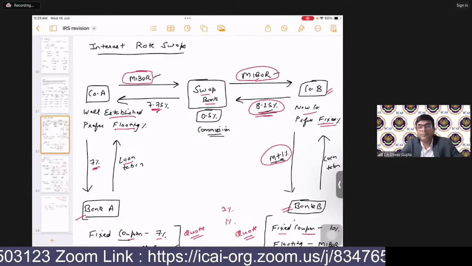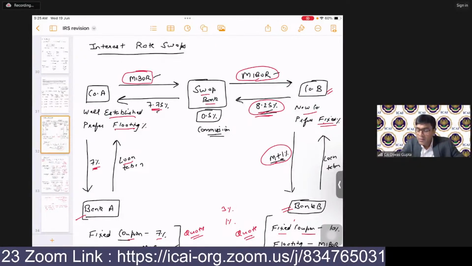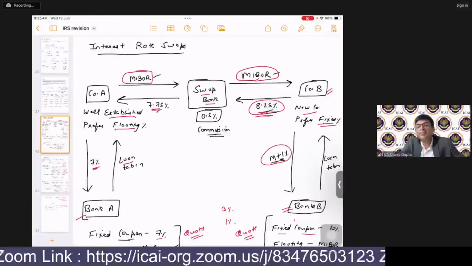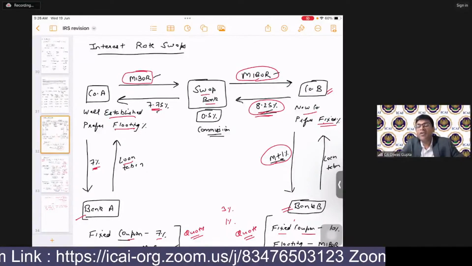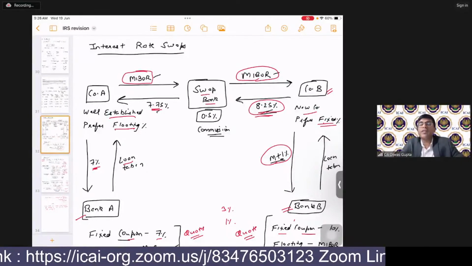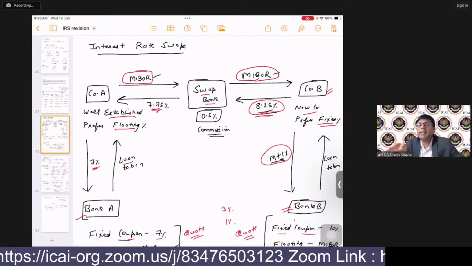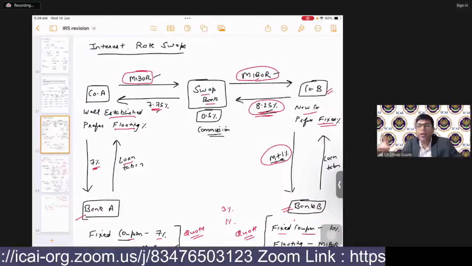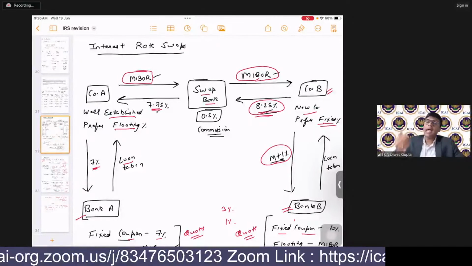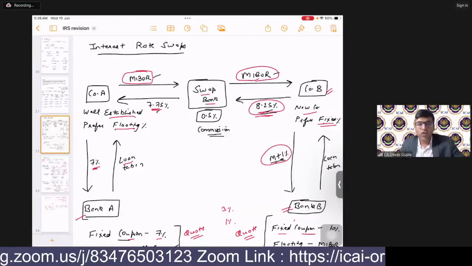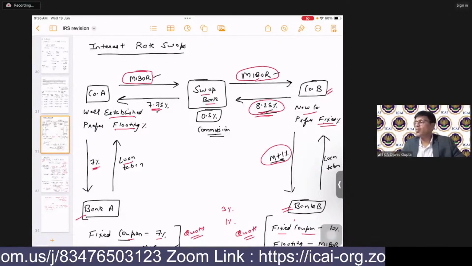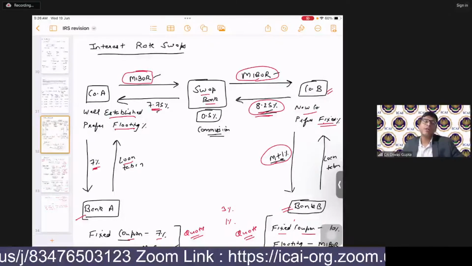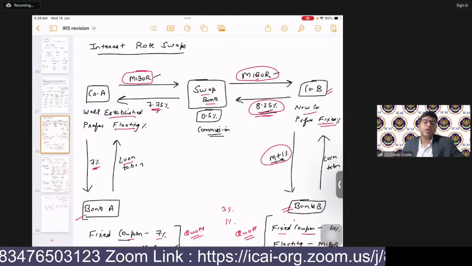Then there is a problem, right? So in a way, what I'm saying is that practically there are a lot of things. The swap bank practically customizes the swap according to company A or company B. And in the back end, the swap bank will take whatever position it has to take. Okay, Munish? And okay, other students? This is what I was trying to say.